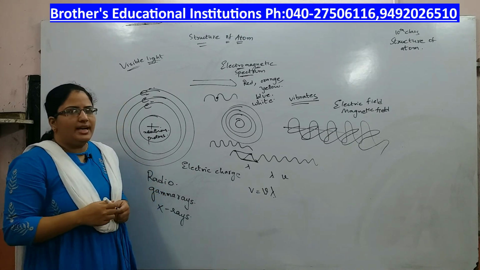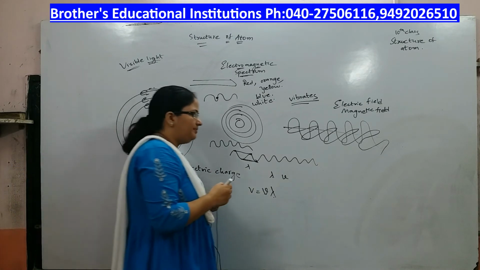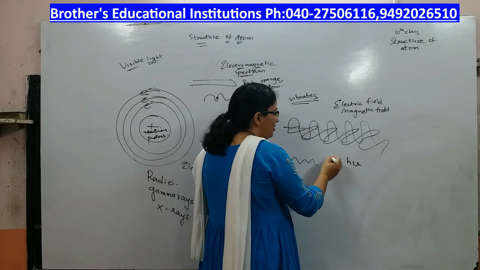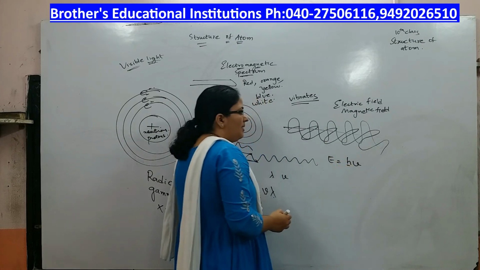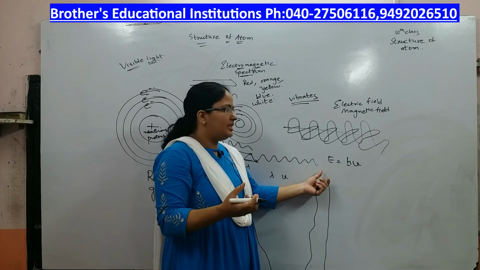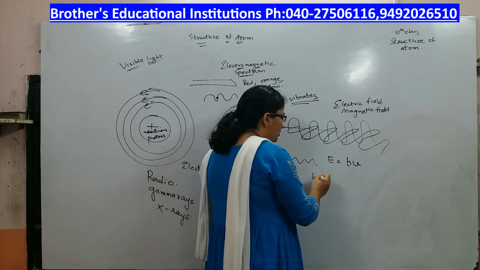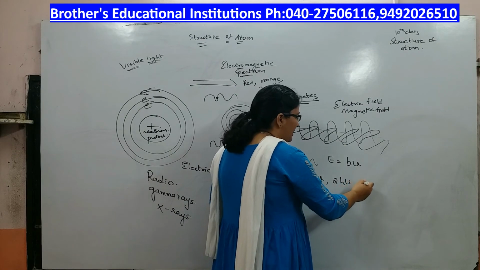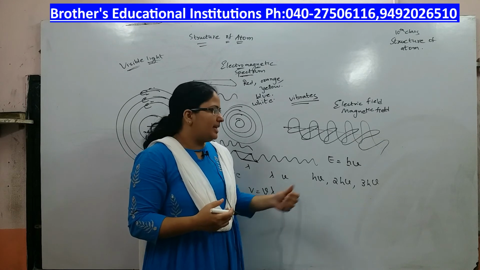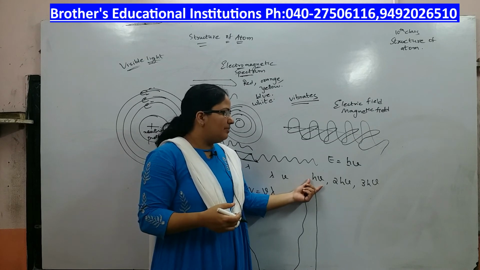Whenever energy is emitted or absorbed, it happens in multiples of h nu. This is called Planck's quantum theory, where h is Planck's constant. Whenever a body absorbs or gives out energy, it always happens in multiples of h nu, that is 1 h nu, 2 h nu, 3 h nu. The energy given out or absorbed is not continuous but discrete.